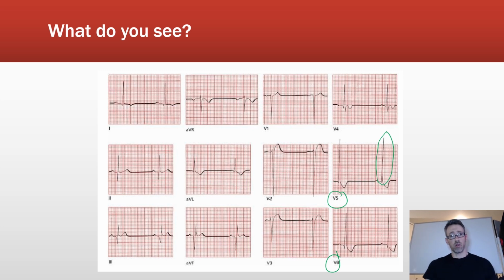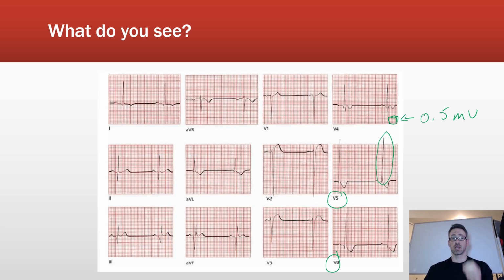Now, something I want to warn you about, especially when you're practicing in clinic, and I didn't put it here, is that you should always check the calibration. I told you in the last video that on average, the normal calibration is that one large box represents 0.5 millivolts, which means 2 large boxes represent 1 millivolt.